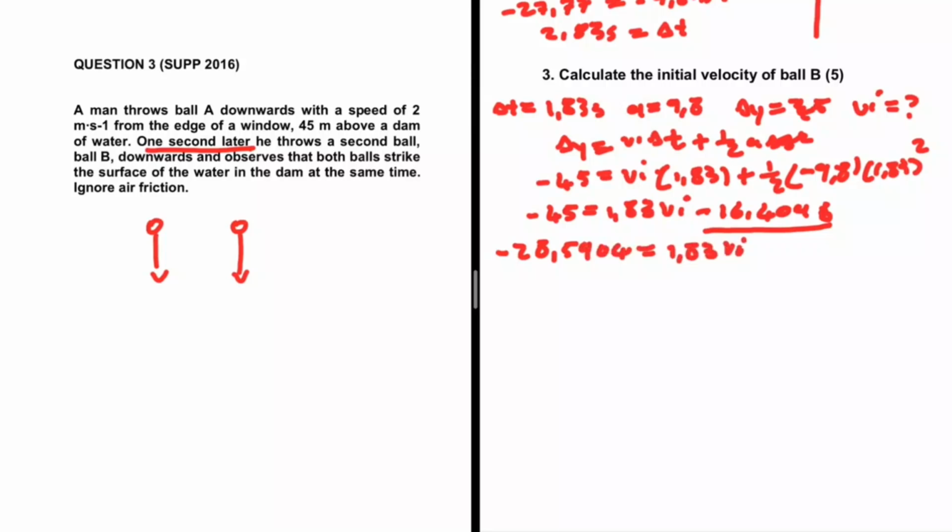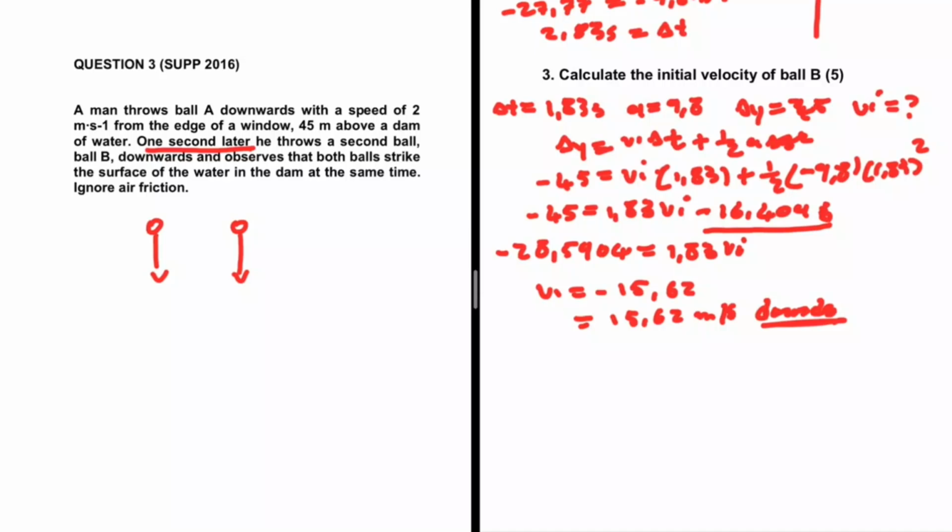If we divide both sides by 1.83, we're going to have VI equals minus 15.62, which is just 15.62 meters per second downwards. That's all the negative sign implies. It implies that the initial velocity is downwards. So there we go. Question 3.